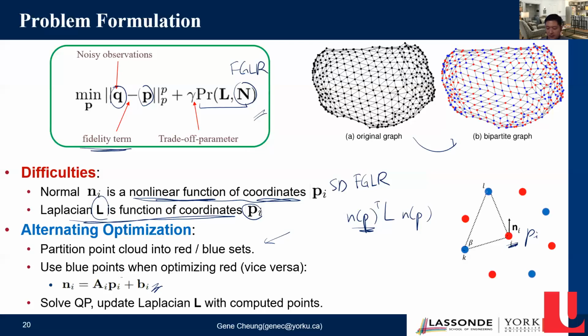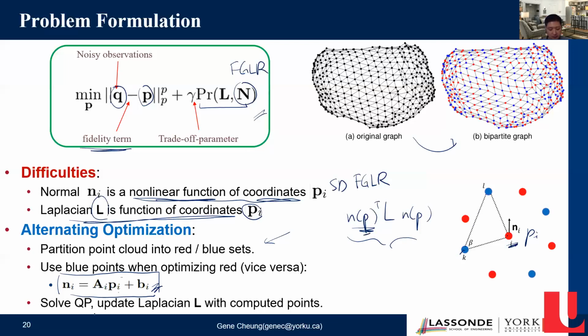So because the blue coordinates are fixed, where you're only optimizing the red here, then by writing this approximation, where the surface normal of a point is only a linear function of its coordinates, then this guy here actually still can be written as a quadratic term, as a function of P.